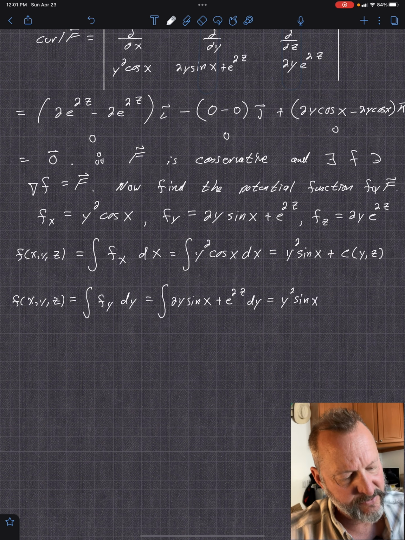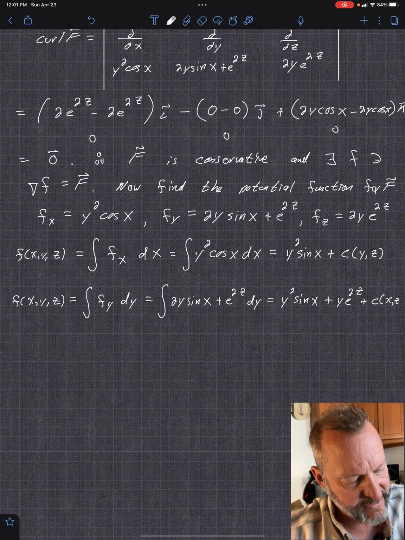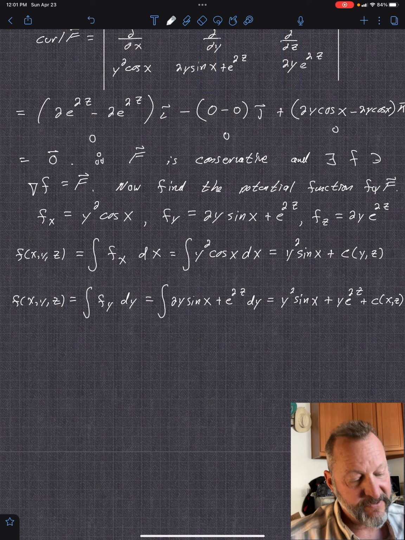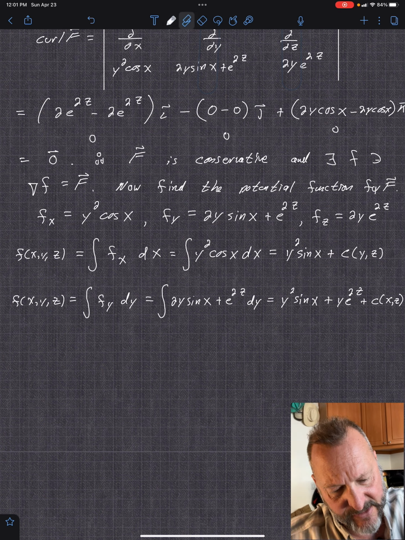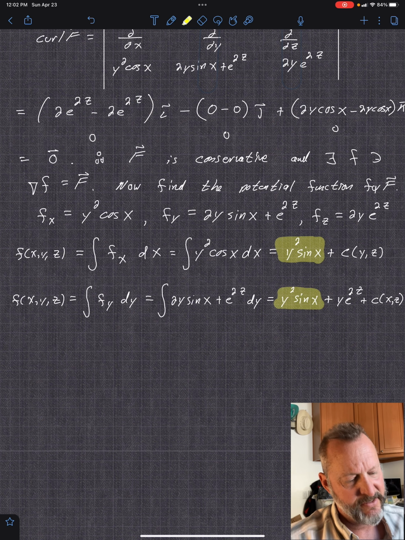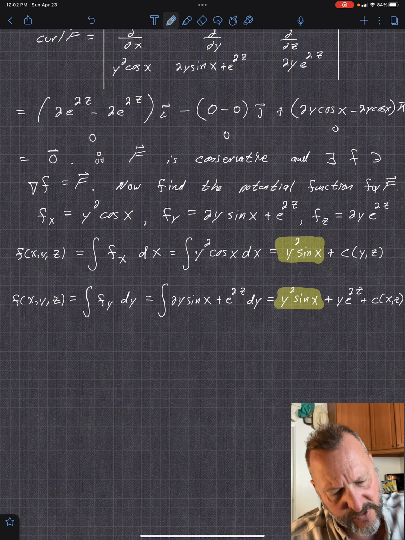See that? Plus y e to the 2z. And then you say plus some function of x, z, those other two different variables. So right now, we can see that this function is the same. So you don't repeat the functions. That's the same thing. Okay, let's do the next one.